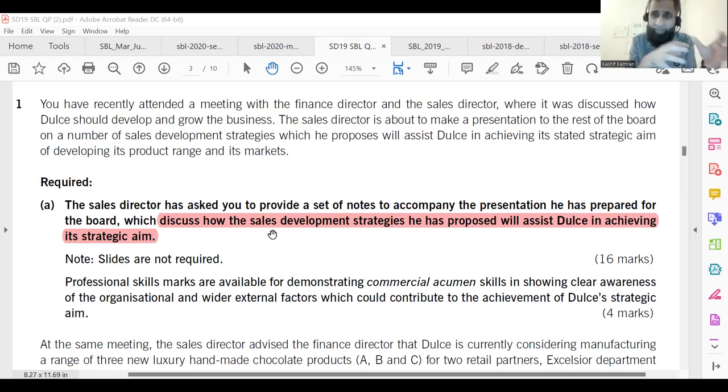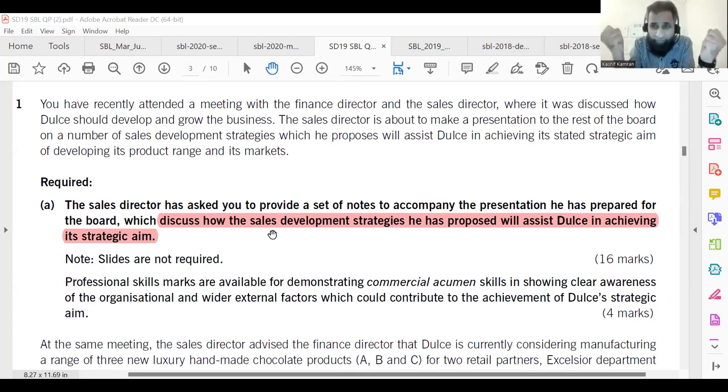So the strategies are given. You need to evaluate them and think how each strategy is contributing to achieving the aims. You are being critical in discussing how the strategies proposed by the sales director convert to the strategic aims of the company.